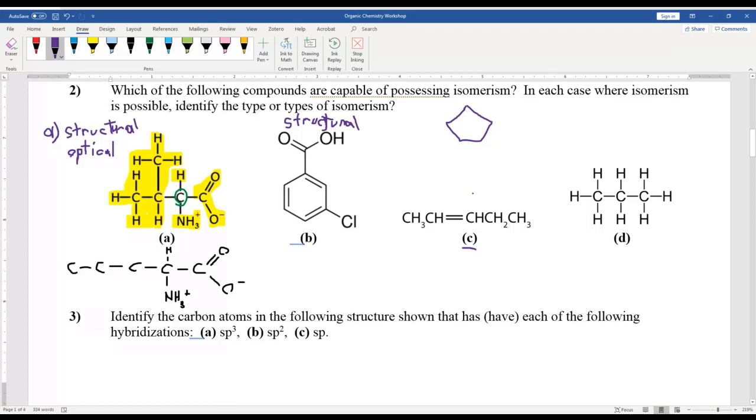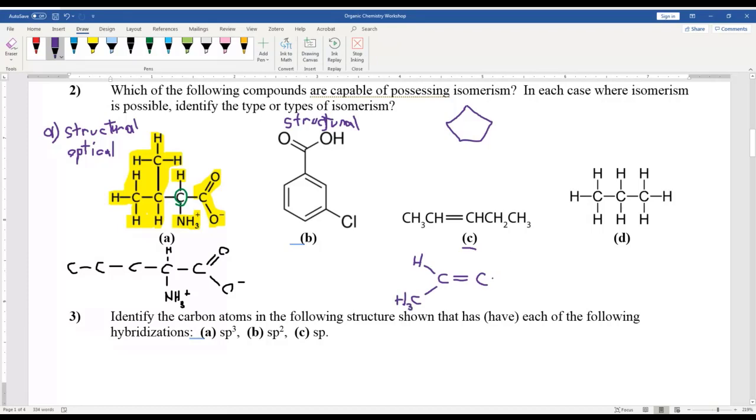You could also move the double bond, as you mentioned. But this is a little bit harder to see. If you look at those double bonded carbons, there is a hydrogen attached to one, and there's also a CH3.